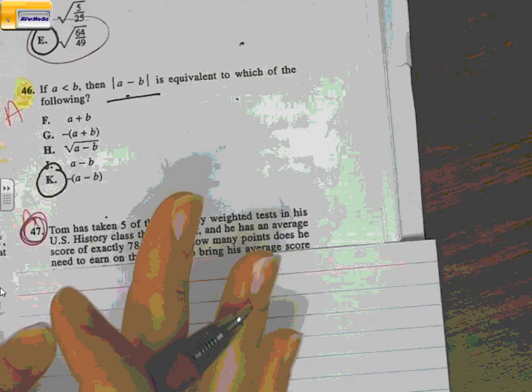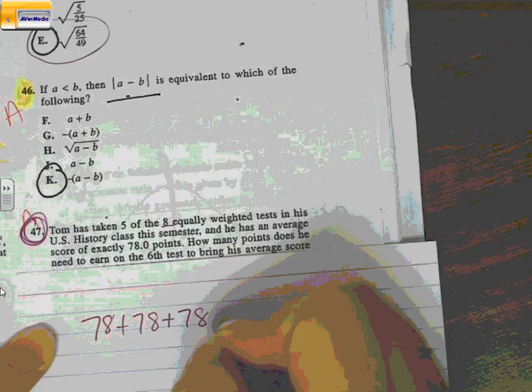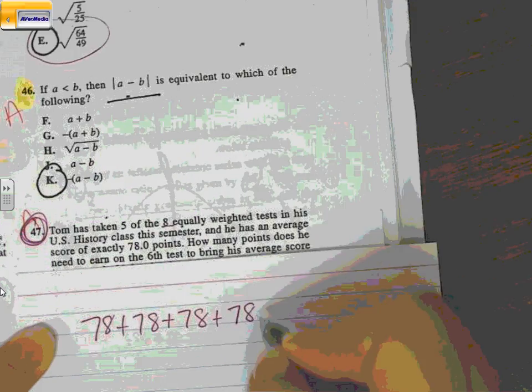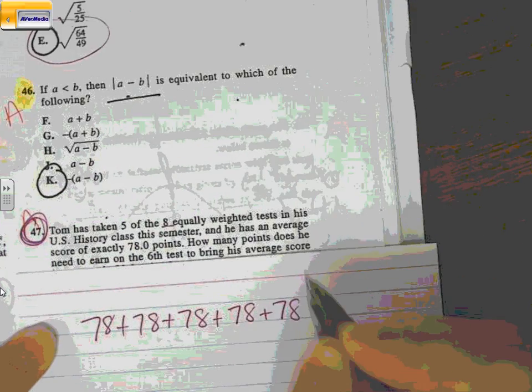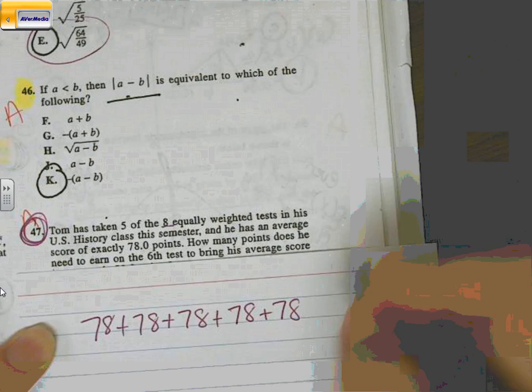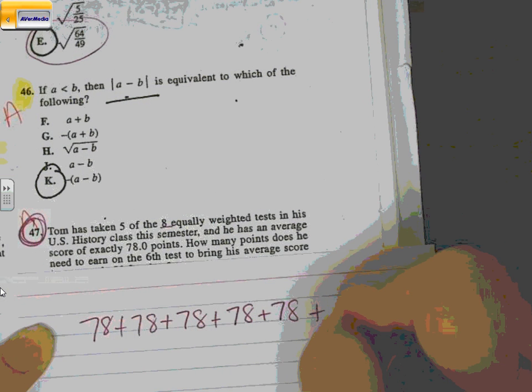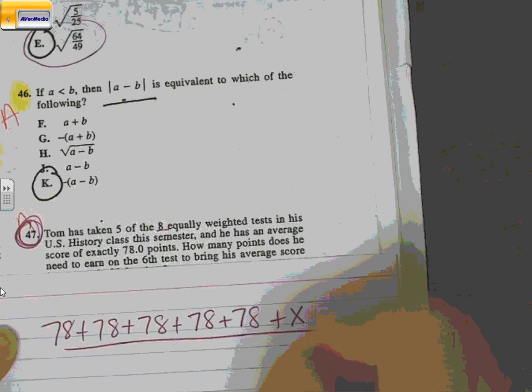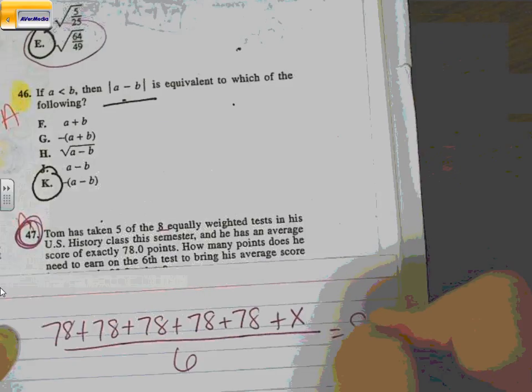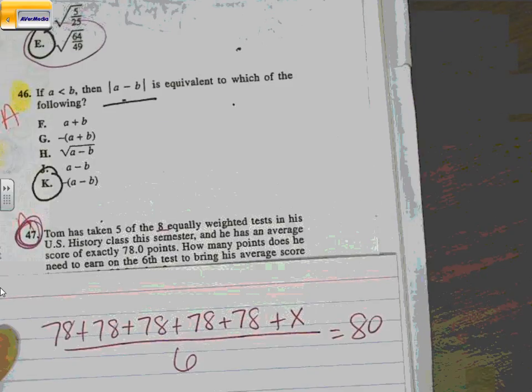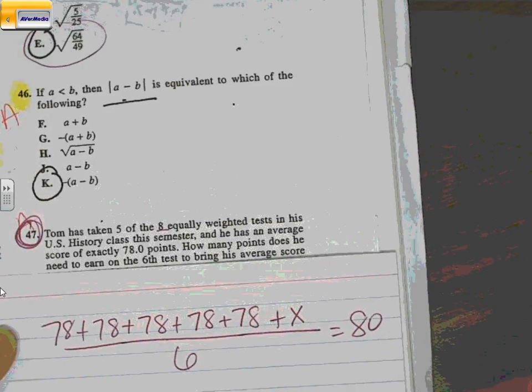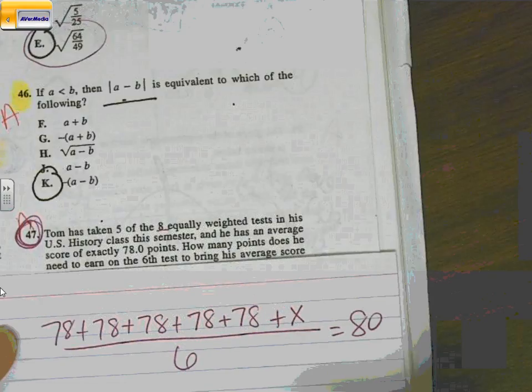And I'm going to assume I made a 78 on all 5 of the ones I took. I don't really know what I made, but I know it averaged to be a 78, so it might as well have been a 78 on each one. I don't know what I made on the 6th one. That's what I want to know. That needs to average to be 80. So I'm going to set up that equation and solve for x.